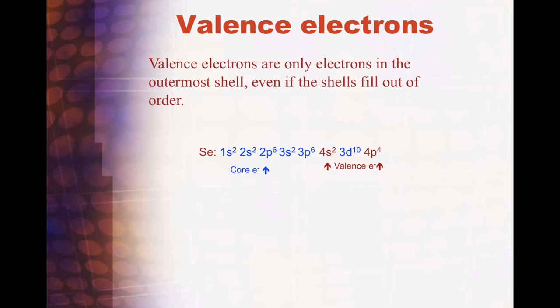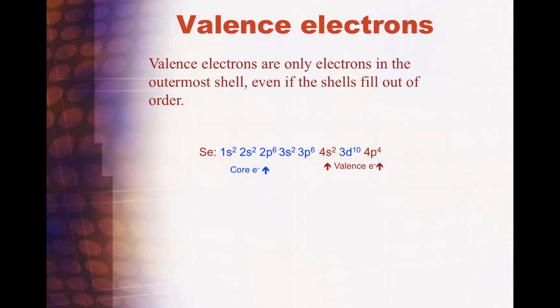Just one other thing I wanted to mention about valence electrons, or review about them, is that the valence electrons are the ones in the outermost shell, even if the shells fill out of order. Now, recall that the s subshell has slightly lower energy than the d subshell, so this is only an issue when we get up to the fourth shell, because before that we don't have a d subshell.